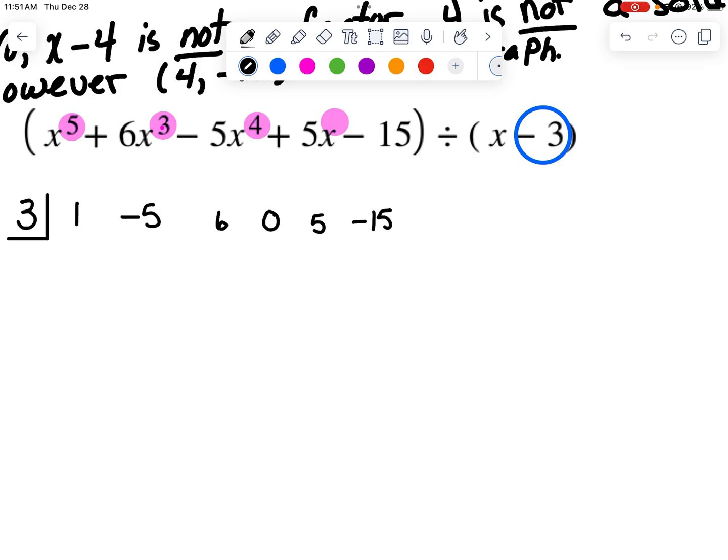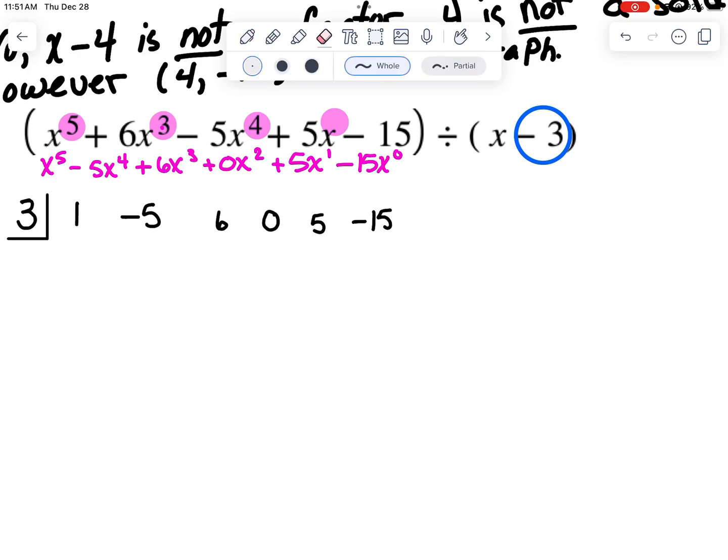So I guess perhaps what I should have done is rewritten this. So this would be x to the fifth minus 5x to the fourth plus 6x to the third plus no x's to the second plus 5x to the first, technically, minus 15x to the 0.